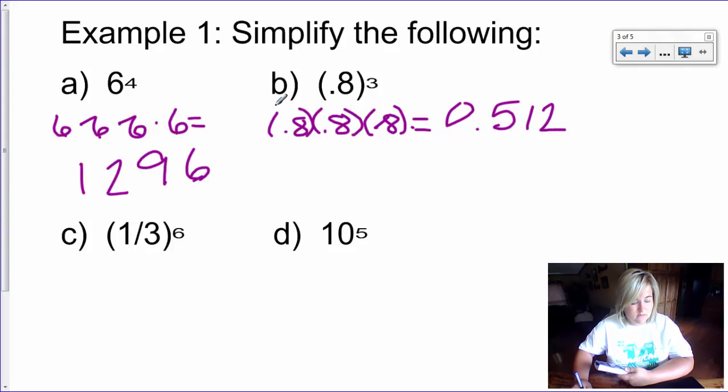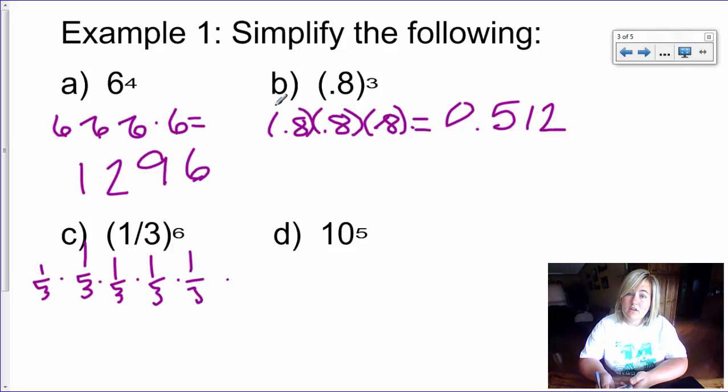Same situation on C. You're going to take 1/3 times itself 6 times. So that means I will have 1/3 times 1/3 times 1/3 times 1/3 times 1/3 times 1/3. When you punch this into your calculator, it's important to use parentheses.